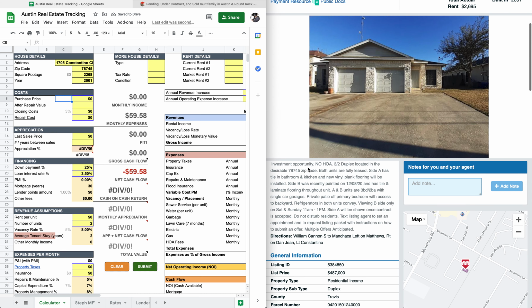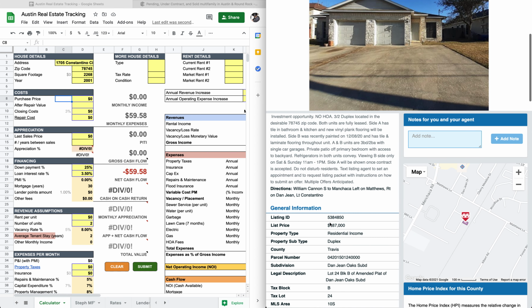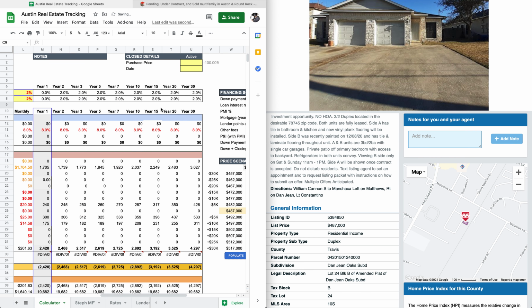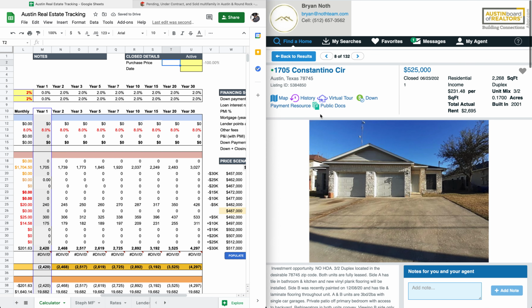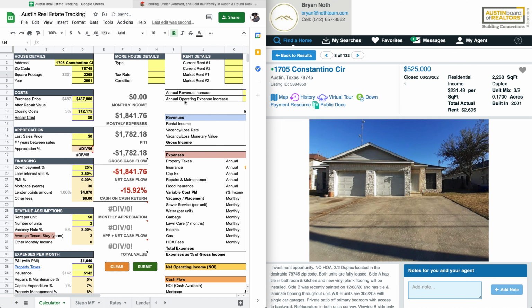For purchase price, with a closed place there's a slight difference: this is the price it closed at, and the list price they'll include here. What I typically do is put the list price here and the closed price on this side. So it was 525. Date was 6/23. So that all looks good.